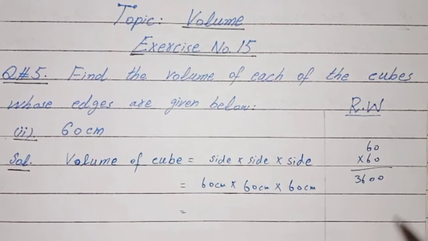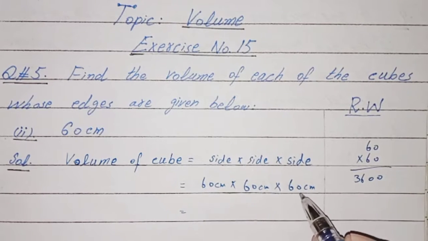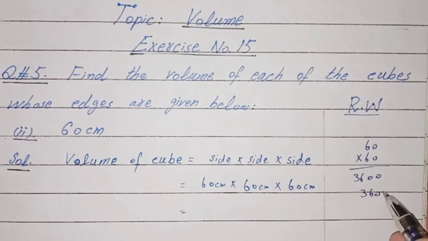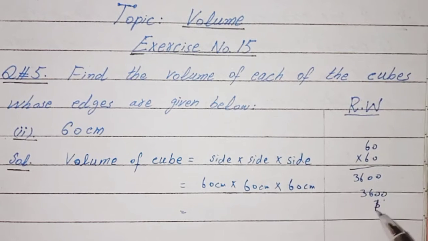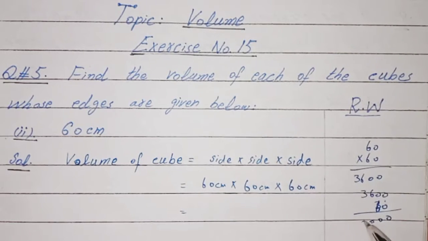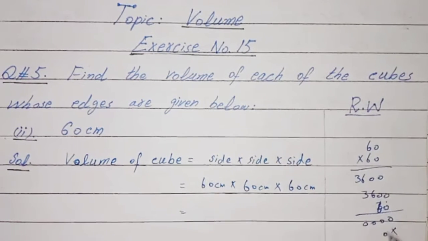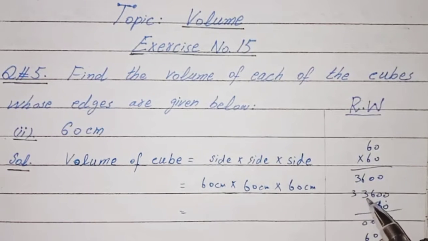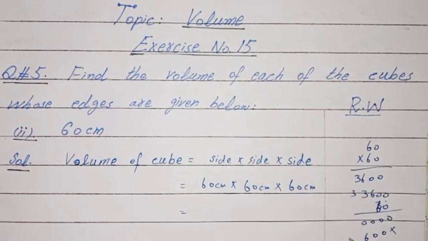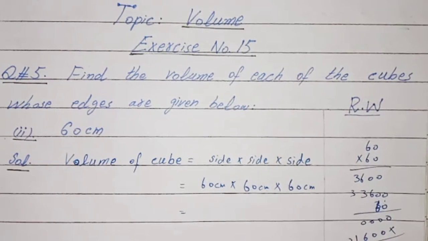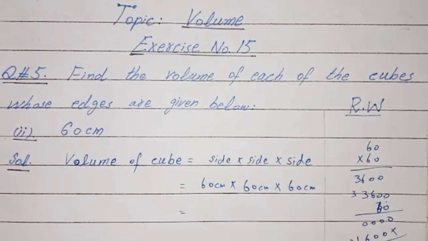Then 3600 will be multiplied with 60. 0 will be as it is. 6 0s are 0, 6 0s 0, 6 6s are 36, 6 3s are 18, and 3 is 21. 0 0 0 6 1 2.